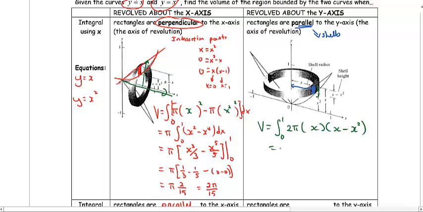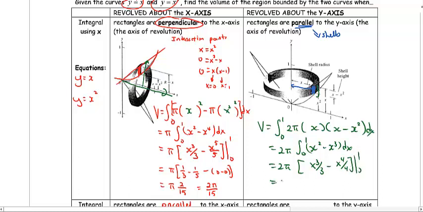And if we just continue to, once again, do some algebra here, don't forget dx. x cubed over 3 minus x to the 4 over 4, plug in 0 to 1, that's 1/12, and I think the answer is pi over 6. Okay, so this lovely answer here is pi over 6.